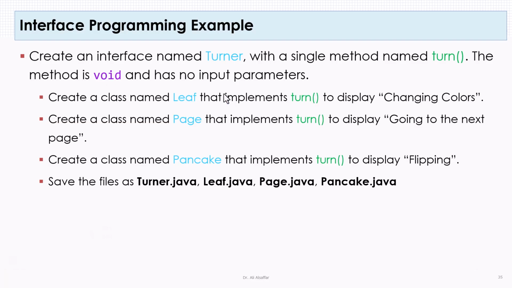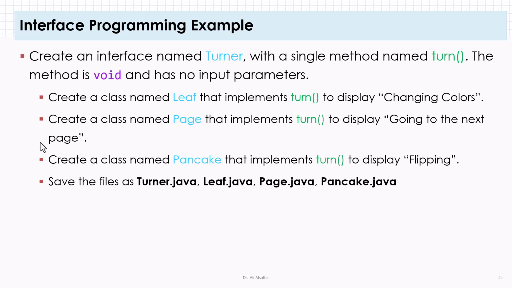After creating the interface Turner, we want to create three classes that implement this interface. First, create a class named leaf that implements the method turn, and this method will display the message changing colors. Next, create another class called page that implements the same method turn, but this time it will display the message going to the next page.